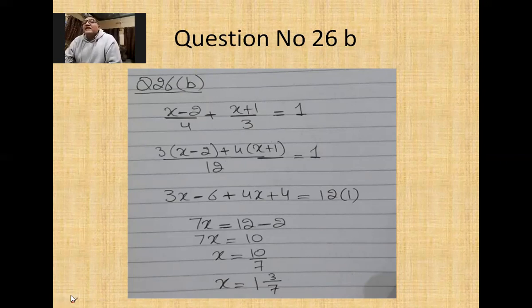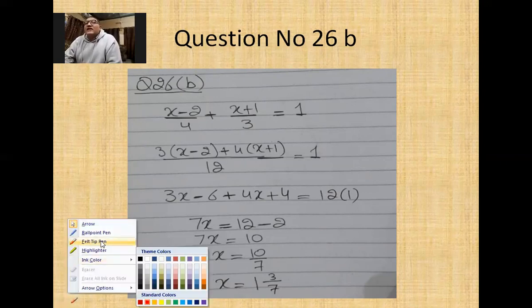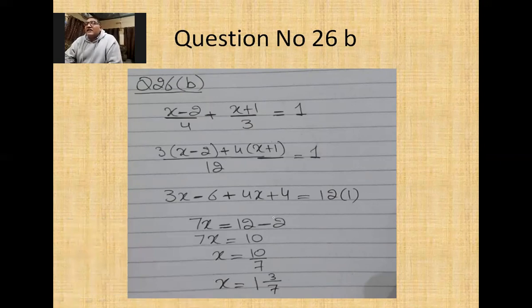And when I take this minus 2 to the other side, it will become plus 2. So you will have 12 plus 2, which is 14 here. And when you divide that 14 by the 7, the answer will be 2, not this. I just made a mistake. So 2 will be the answer.